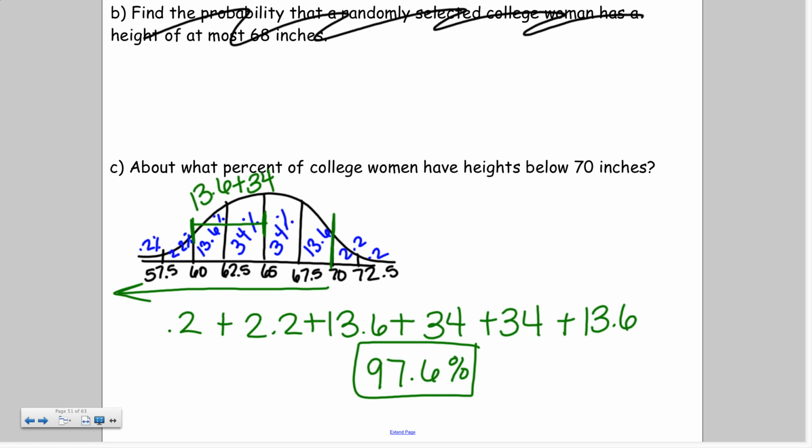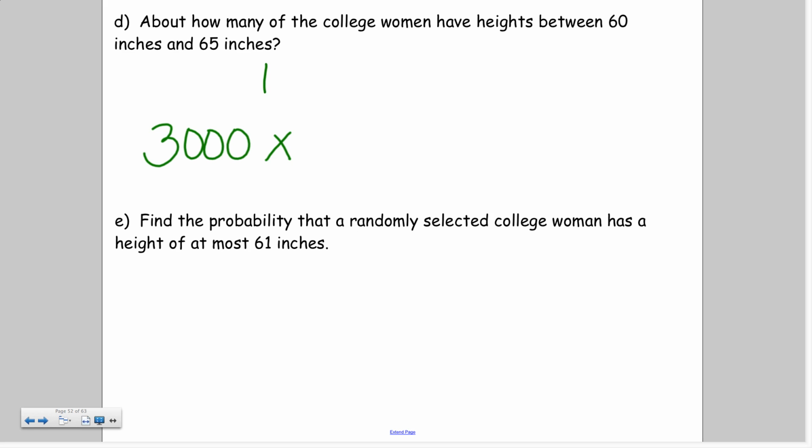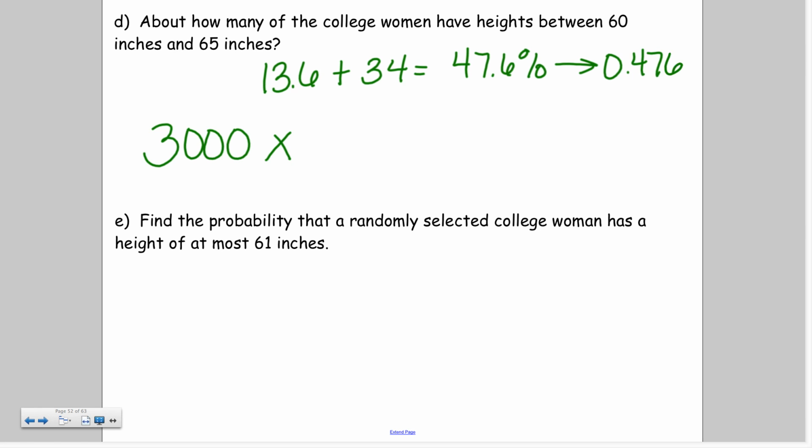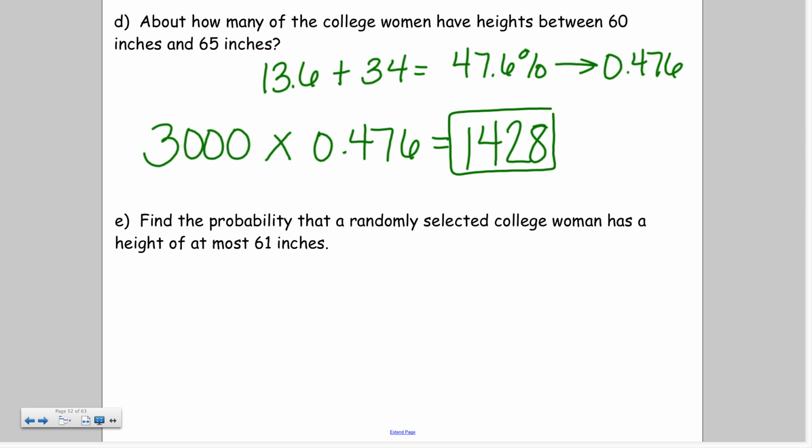So 13.6 plus 34%, and we get 47.6%. If we change that to a decimal, it's 0.476. You need to use all of those numbers. So 3,000 times 0.476, put that in your calculator, and it's going to be 1,428 women between those two heights.